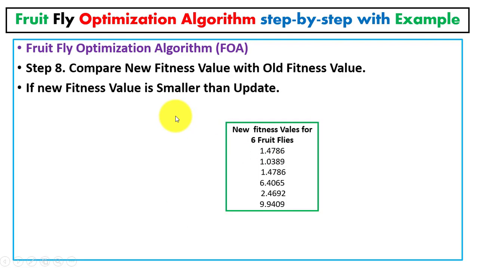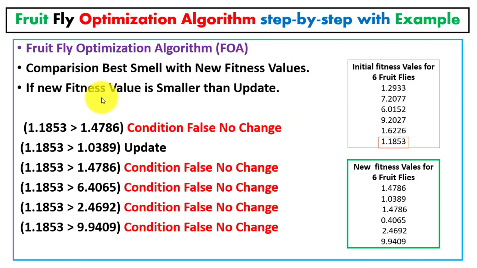Now in the next step we will compare the new fitness value with the old fitness value. If the new fitness value is smaller, then we will update it, else let it be. So you can see here we have the initial fitness value and the new fitness value for the 6 fruit flies.